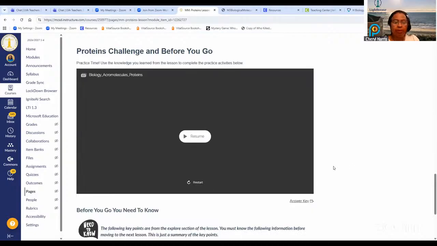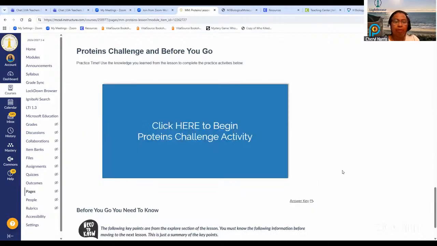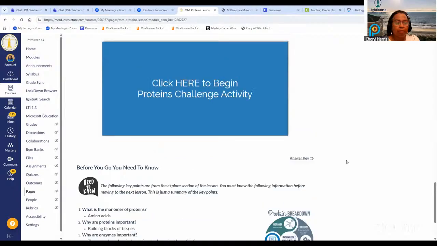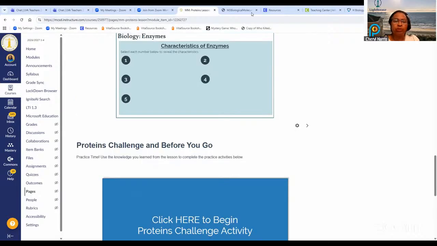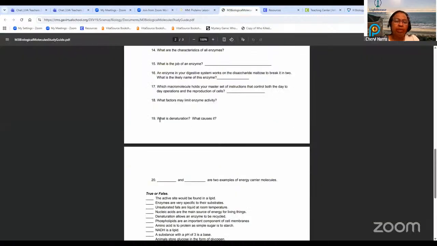Denaturing, again, is when the protein has been altered, and it's usually altered because either the pH was too high or the temperature was too high, and it becomes non-functional. It changes its form, and when it changes its form, it does not work anymore.